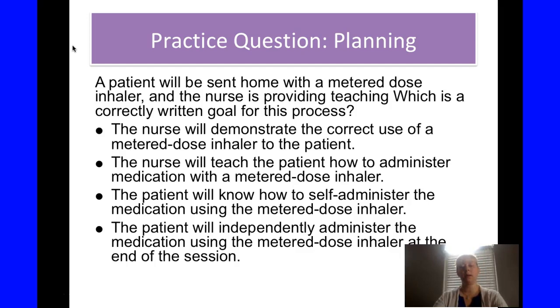The patient will independently administer the medication using the metered dose inhaler at the end of the session. So that obviously is the correct answer, as you probably figured out by now, because it's measurable by the end of the session. It's realistic by the end of the session, and it's patient-centered, and we put independently administer so we know we can reach that goal.